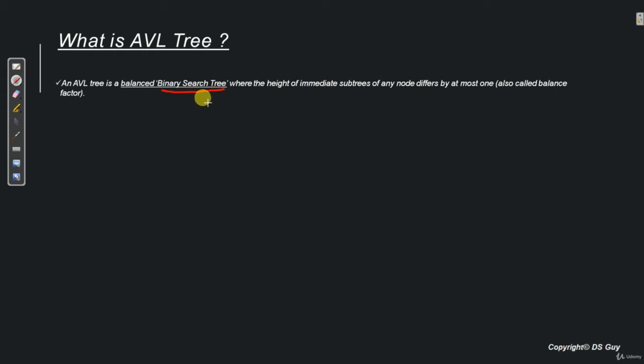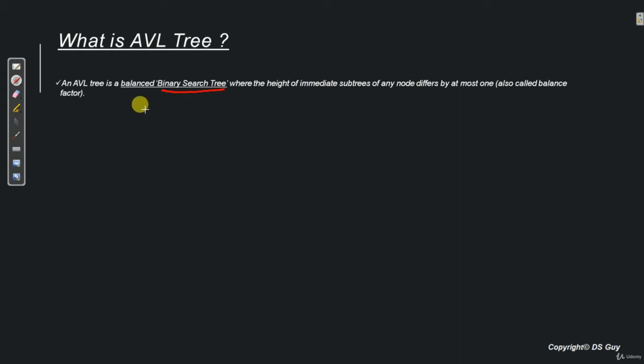That is, whatever the properties of a binary search tree are, the same properties also apply to an AVL tree. That is, the left child will be smaller than the root and the right child will be greater than the root, and this recursively applies to all the nodes.